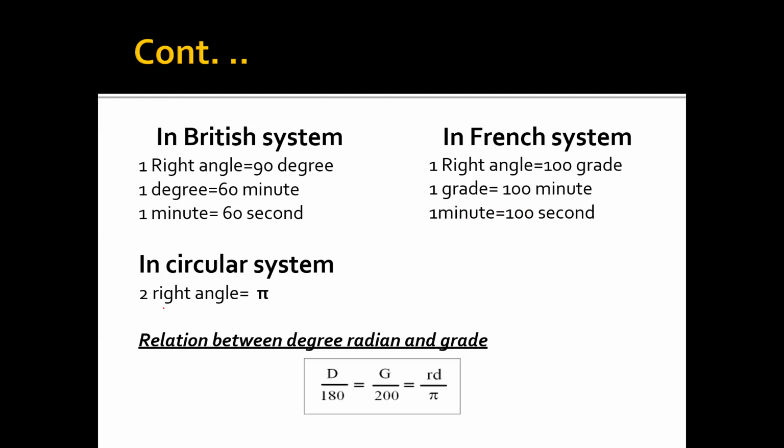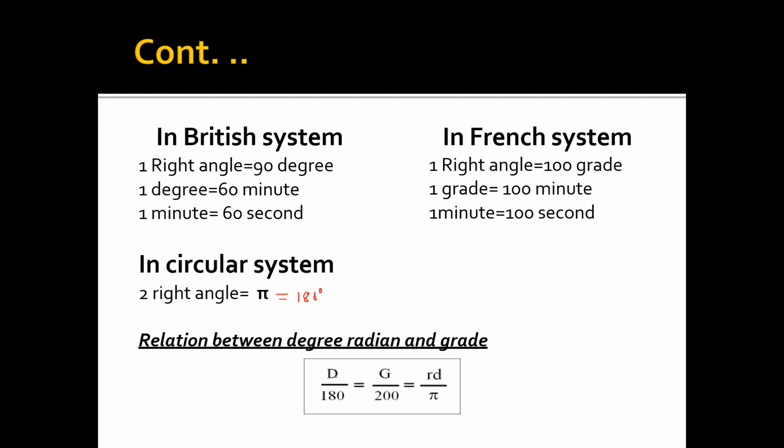And in the circular system, two right angles is equal to pi. This symbol is called pi, and the pi value is 180 degrees. Okay, so we have one relation where we can convert degree into grade, grade into radian, or radian into degree.